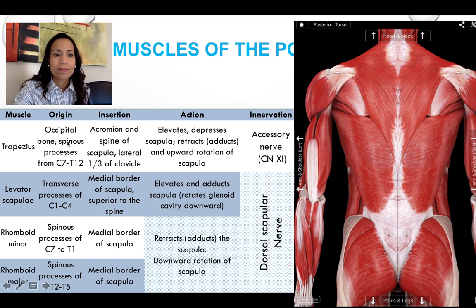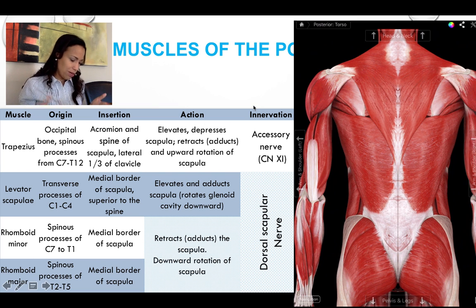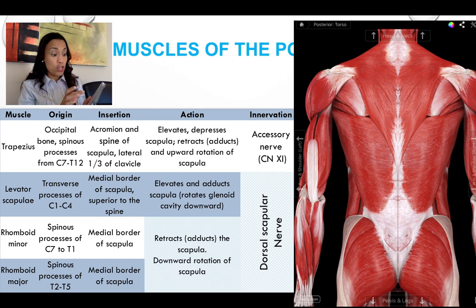Now, let's start with the trapezius. Oh, isn't that a beautiful muscle? That's a humongous muscle. Look in here in the posterior. It's the most superficial and superior muscle of the back.